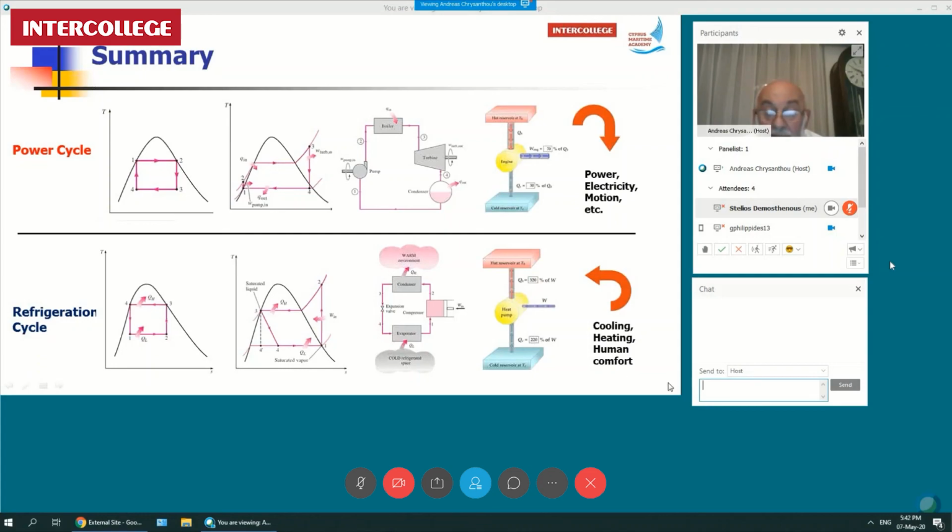Okay, and on the bottom here below, we have the Carnot cycle going anti-clockwise, and in this case, we have human comfort, we have process cooling, we have heating and cooling, and all the things that we enjoy. So either way, these two cycles provide us with everything that moves in life.